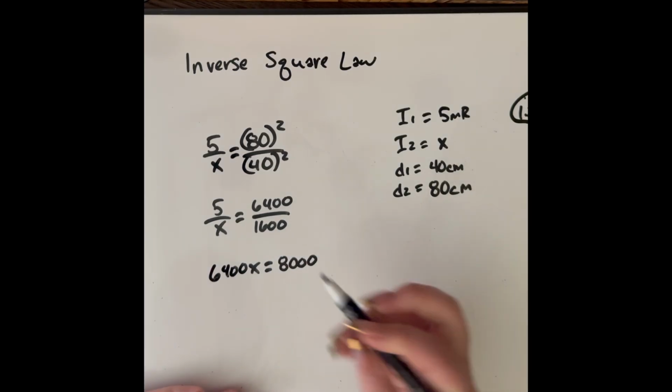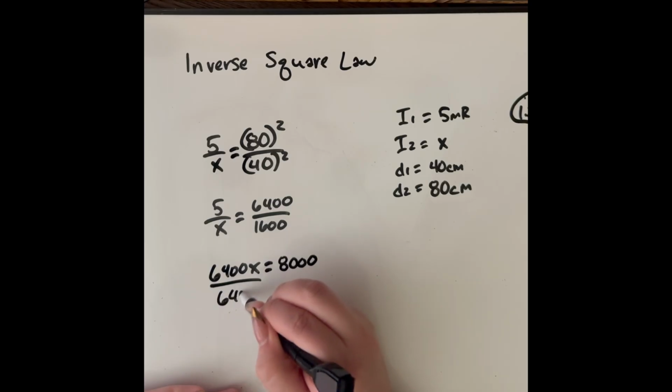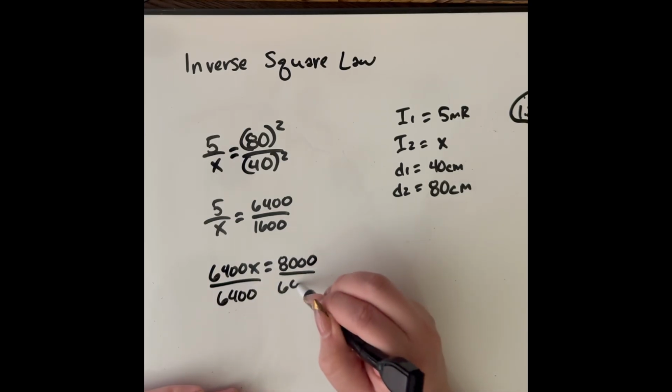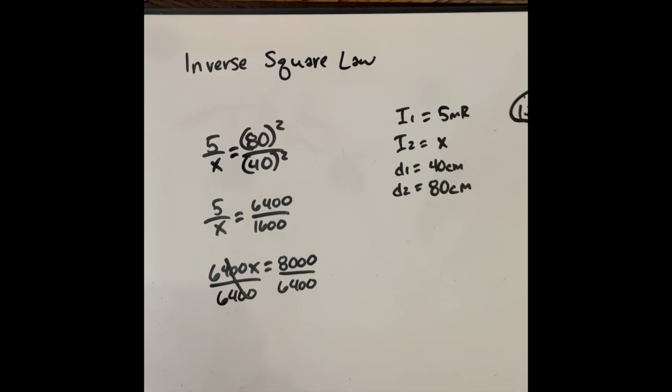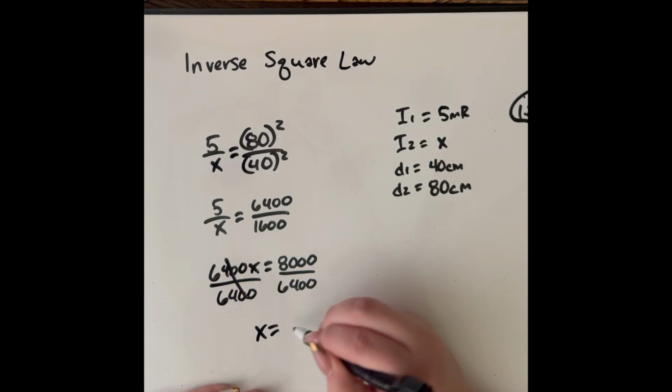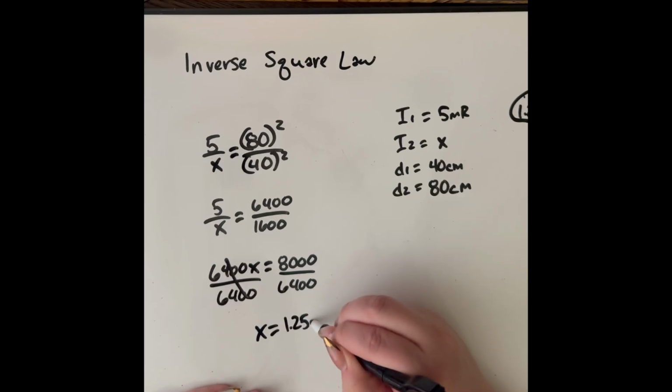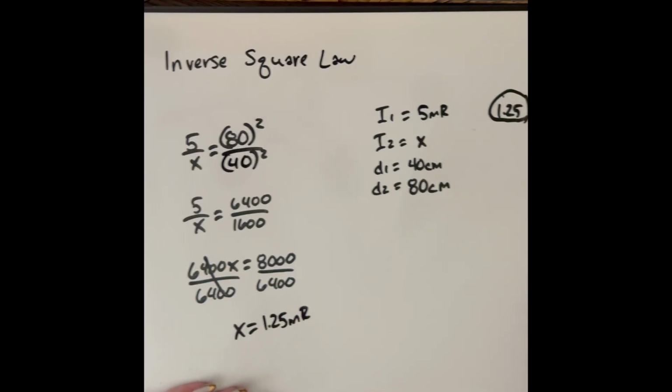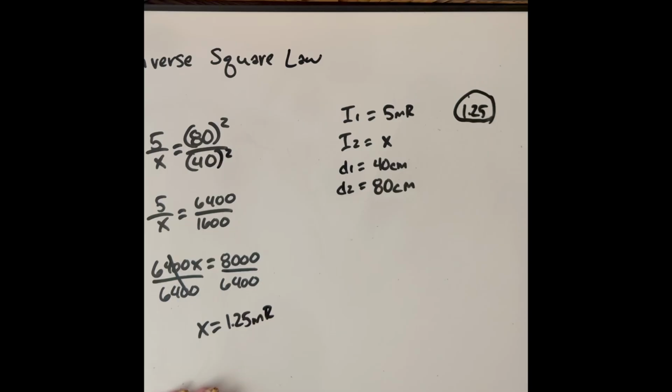And then we're going to divide both sides by 6,400. And that will give us, hopefully, what we're looking for, 1.25. X is going to equal 1.25 MR, which is exactly what we were hoping for based on our rule of thumb.